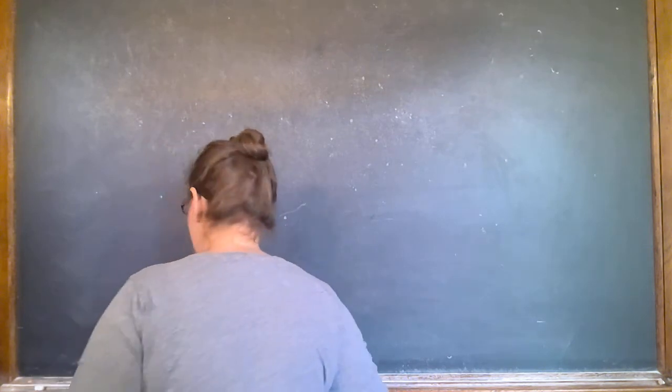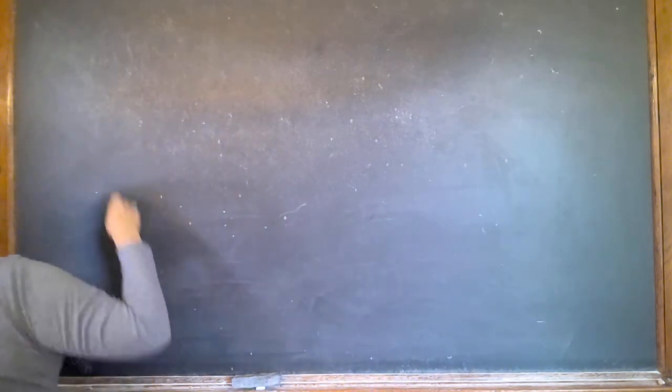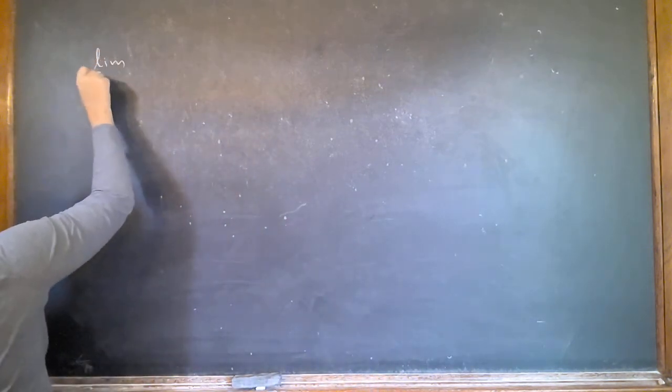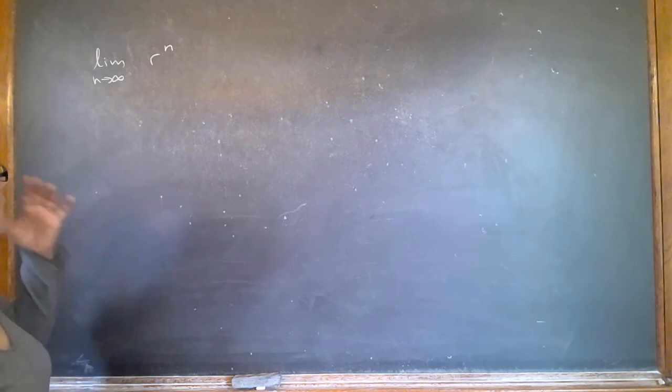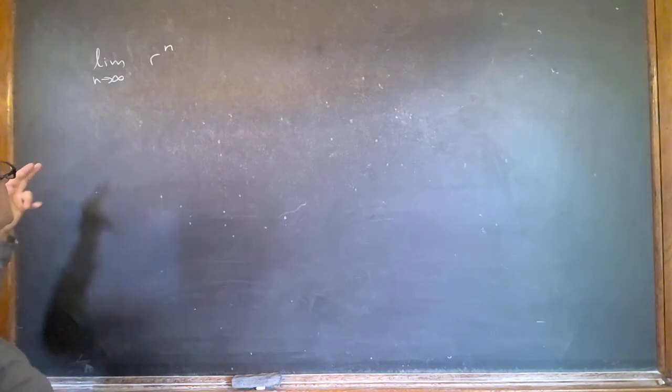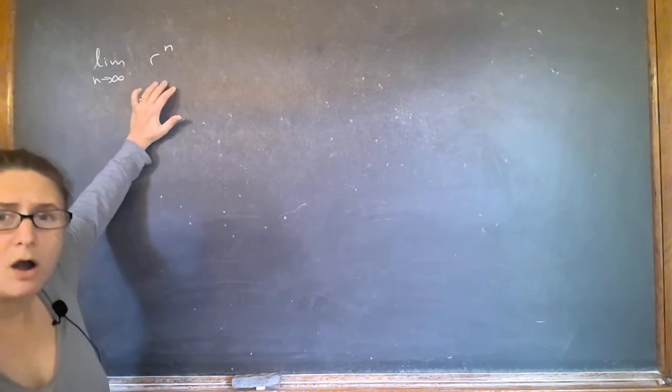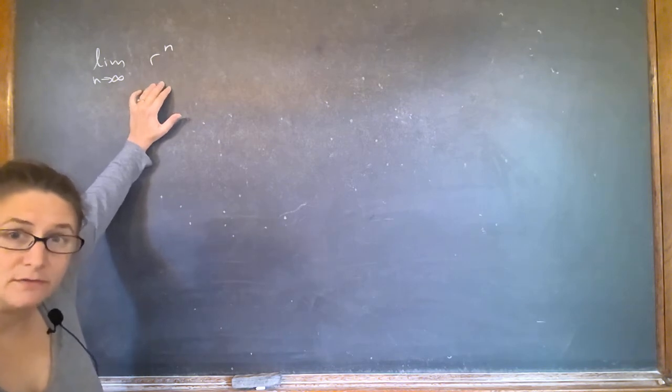That important limit is the limit as n goes to infinity of r to the n. So what we're going to ask is, what r can we use to get this to converge?